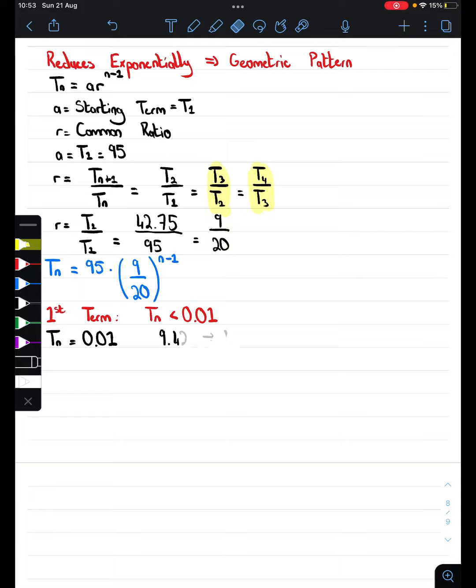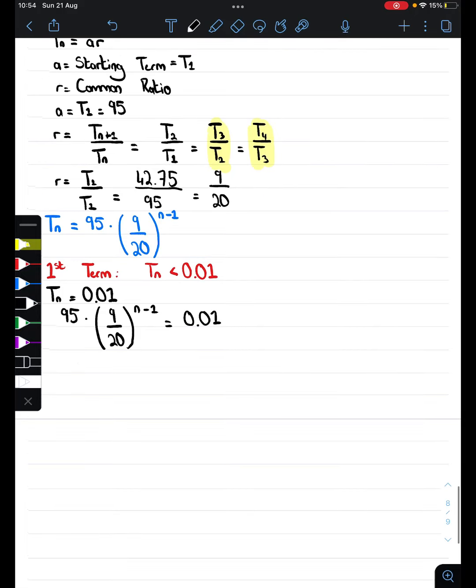Okay, so let's let our term expression equal 0.01. So 95 by 9 over 20 to the power of n minus 1 equals 0.01.